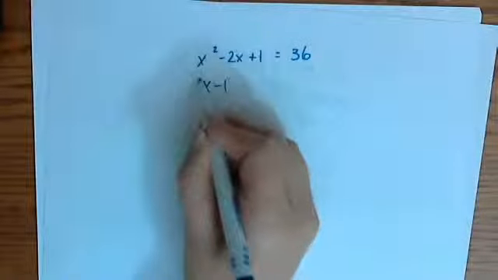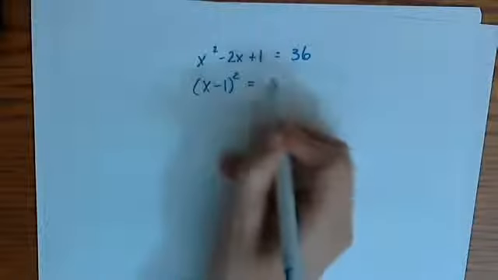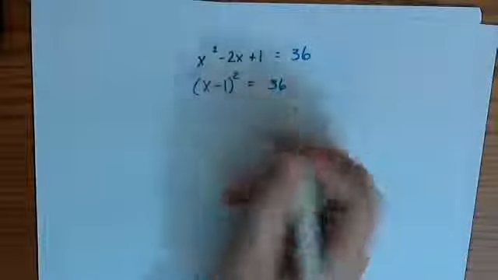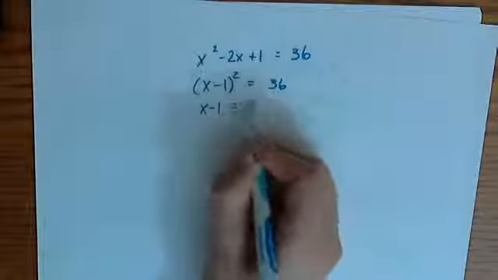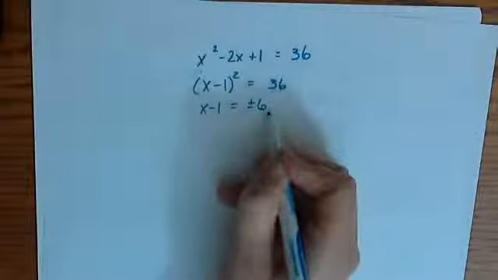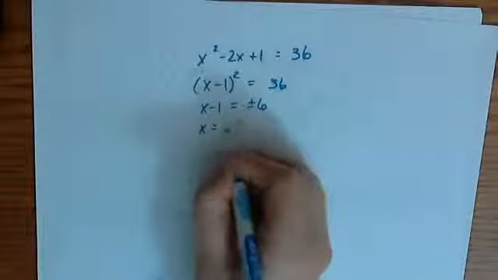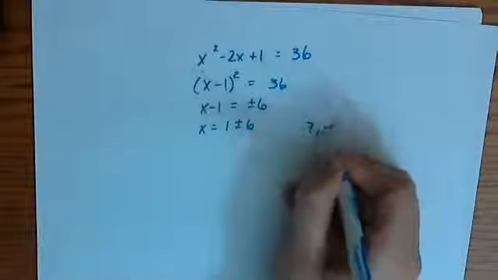It is x minus 1 squared when I factor it, equals 36. Taking the square root of both sides leaves me with x minus 1 equals plus or minus 6, because 6 is the square root of 36. So x equals 1 plus or minus 6. So that would be 7 or negative 5.